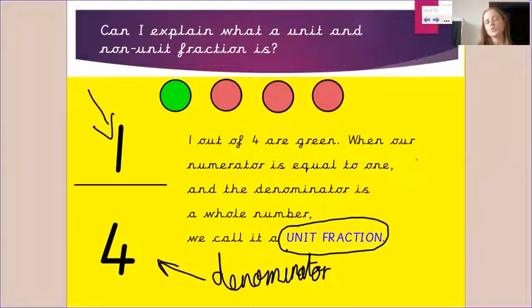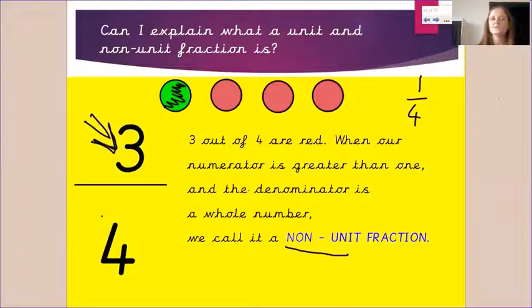So if the numerator is 1 and the denominator is a whole number, we call that a unit fraction, as opposed to the previous slide, where our numerator was bigger than 1 and our denominator was a whole number, and we called it a non-unit fraction.